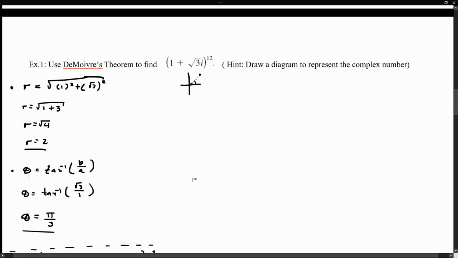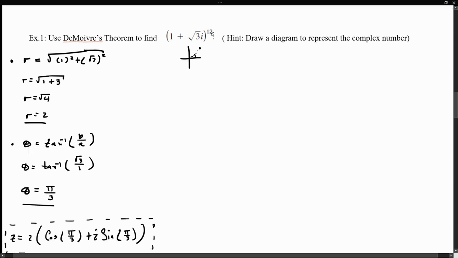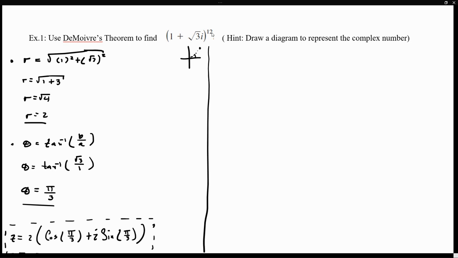So now that we have it in trig form, we can definitely use DeMoivre's theorem. Because now, DeMoivre's theorem says the following. This big number, 1 plus root 3 i, to the 12, is equivalent to 2 times cosine pi over 3 plus i sine pi over 3, to the 12.